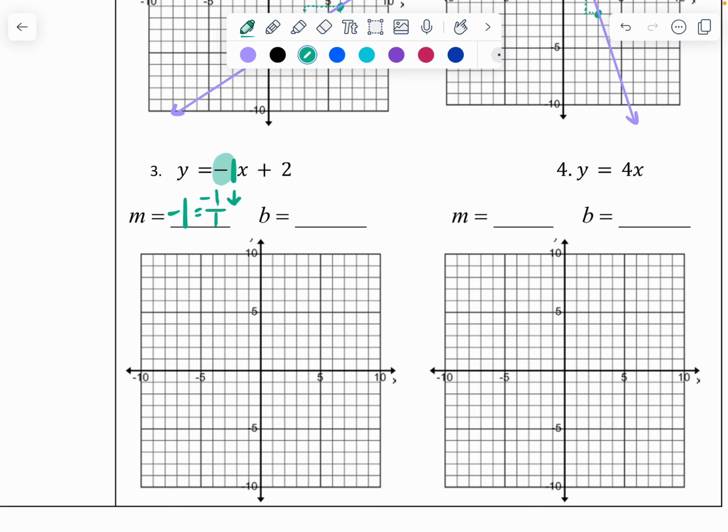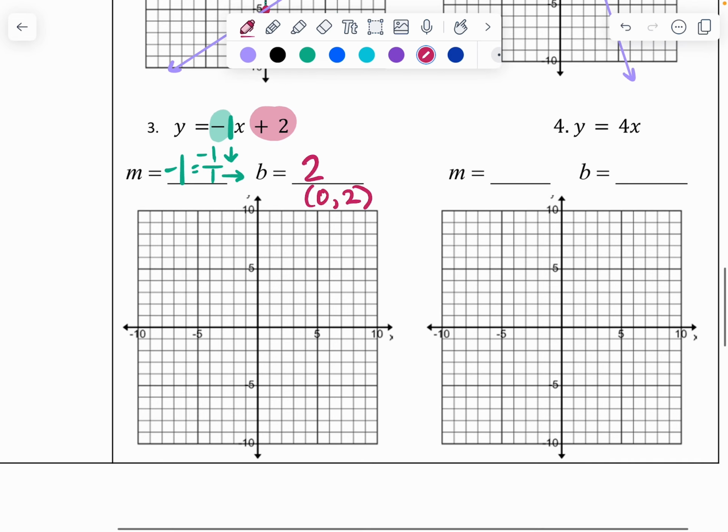If my rise is negative, I'm going to move down. Run is positive, it goes to the right. B is +2, which means that my intercept will be plotted at 0, 2. Starting from my y-intercept, slope is down 1 over 1.